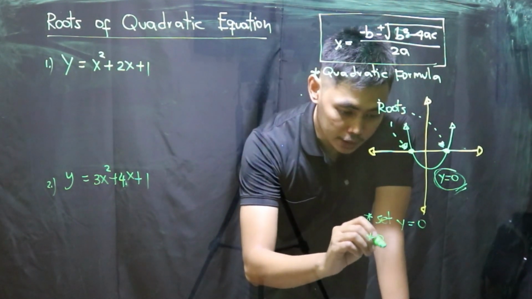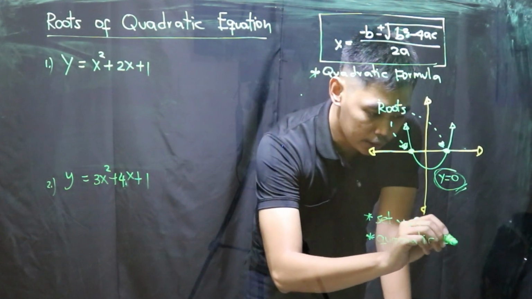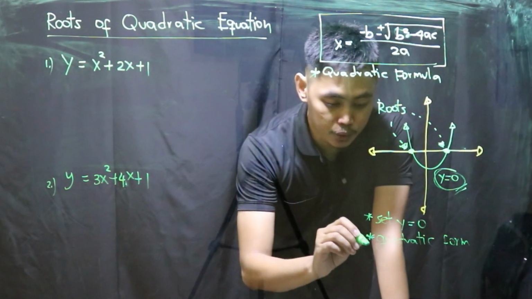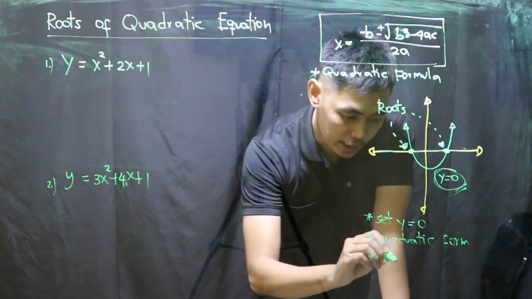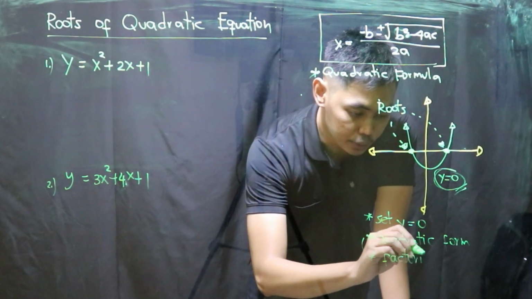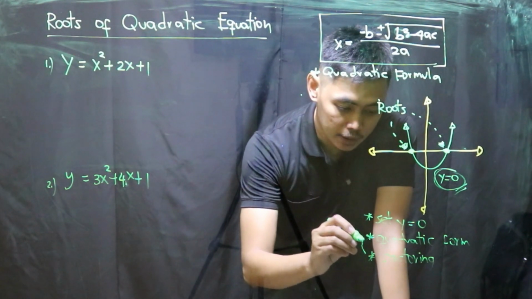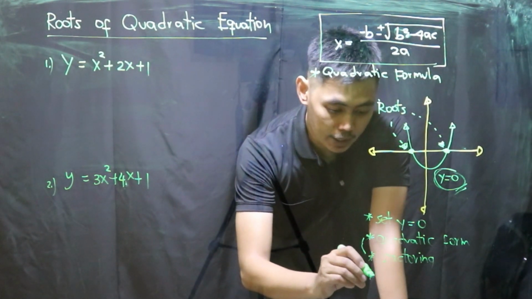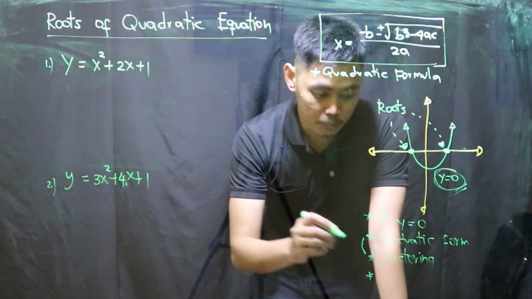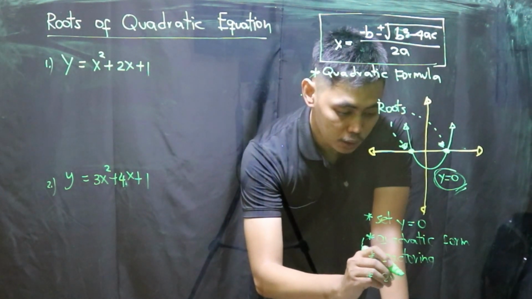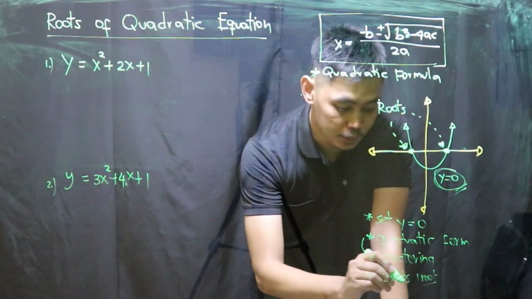Let's write that, quadratic formula, or we could use factoring to get the roots of the equation. And after that, we can get, for a particular parabola, either two roots or a singular root, one root.